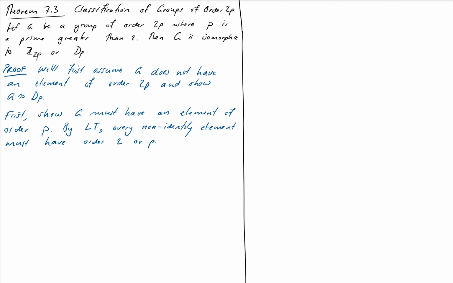Okay, and we want to show that there is an element of order p, so we'll assume that there isn't one and find a contradiction. So assume every element has order 2. And now we need to find ourselves a contradiction somewhere. So in this case, a squared will therefore be the identity for each element.